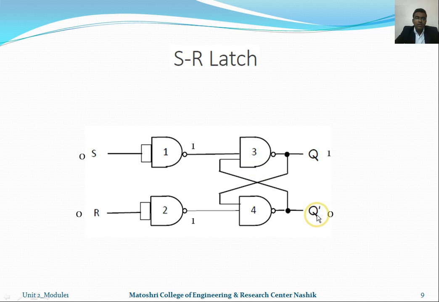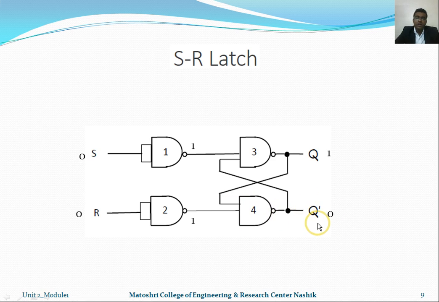Now Q complement is 0, and the third NAND gate inputs are 1 and 0, so it generates Q as 1 again. Q is cross-coupled to the input of the fourth NAND gate, which now has inputs 1 and 1, so its output is 0.